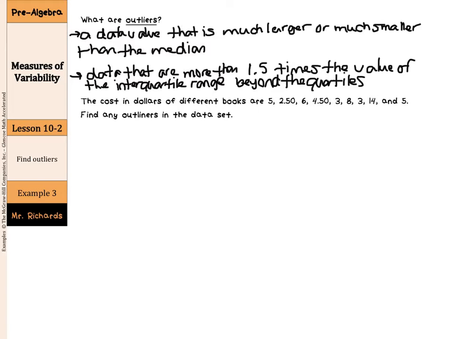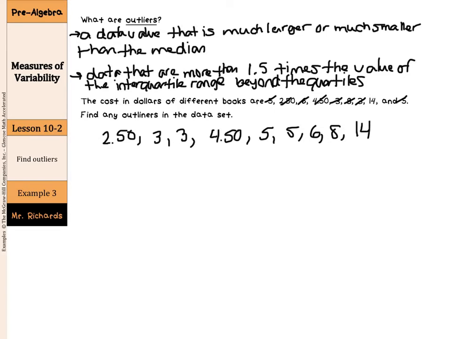We have the $2.50 book, followed by the two $3 books, followed by the $4.50 book, our two $5 books, our $6 book, the $8 book, and the $14 book. And we have 1, 2, 3, 4, 5, 6, 7, 8, 9 books.